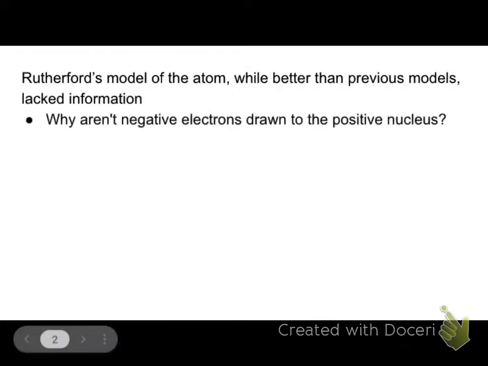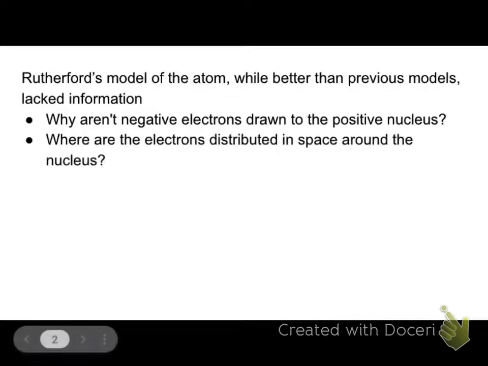We didn't know, one, why the negative electrons weren't drawn in towards the positive nucleus. Because remember, positives and negatives are attracted to each other because they're opposite charges. So there wasn't a full understanding of why don't the electrons just stick to the outside of the nucleus? How can they be moving around there and not be attracted to the nucleus?